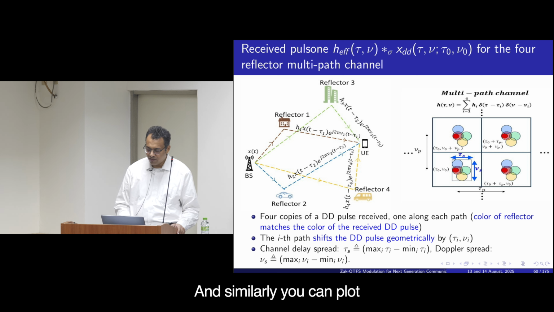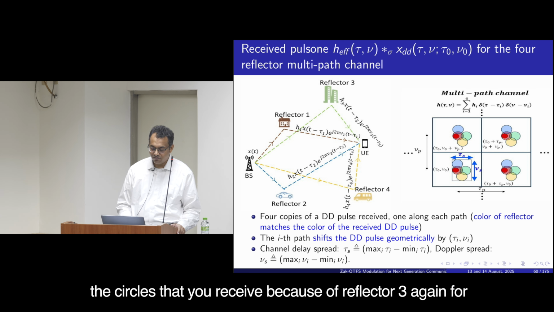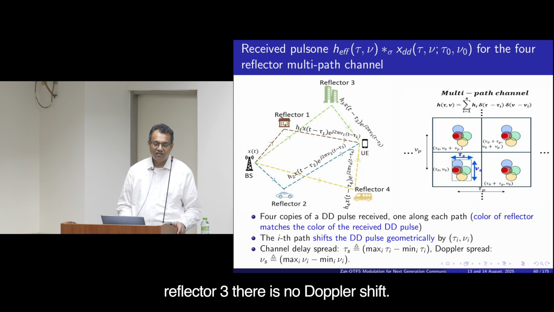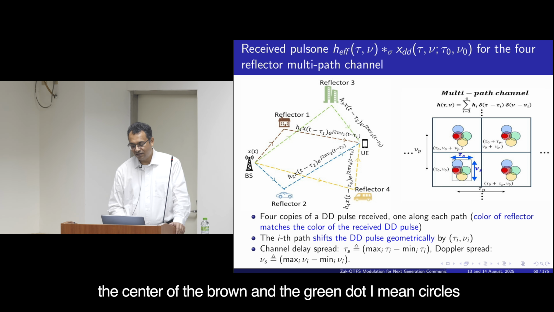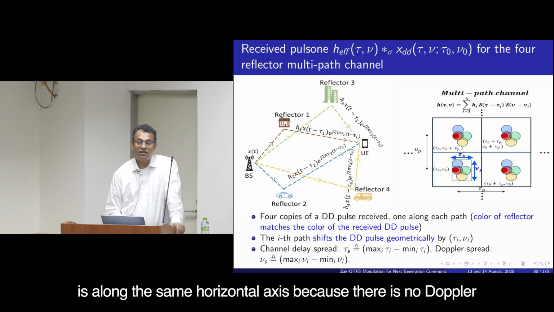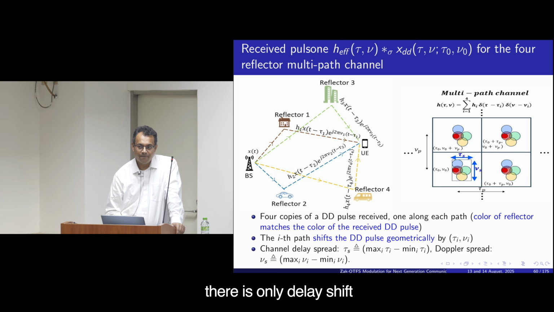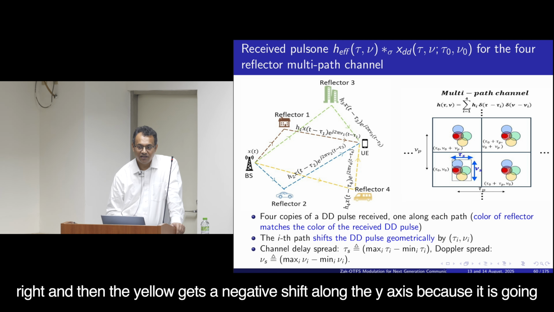And similarly, you can plot the circles that you receive because of reflector 3. Again, for reflector 3, there is no Doppler shift. So the center of the red dot, the center of the brown and the green circles, is along the same horizontal axis, because there is no Doppler, there is only delay shift, right?